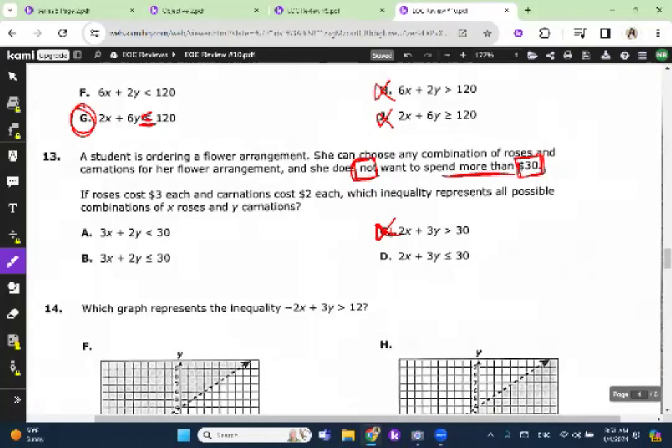Can she spend exactly $30? Yes. So we get rid of A. It says roses cost $3 each, carnations cost $2 each. X is roses, 3x; carnations is y, 2y. So your answer would be B.